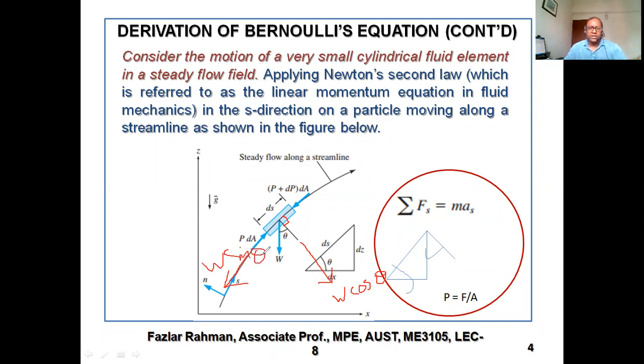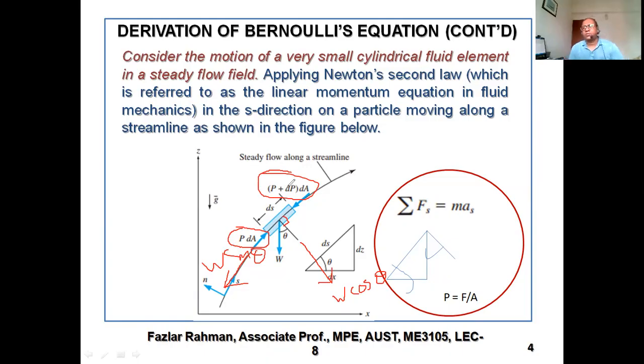So you see along the streamline, now three forces are working. One is working opposite to the motion, one is working toward the motion, and W sin theta is also opposite to the motion.